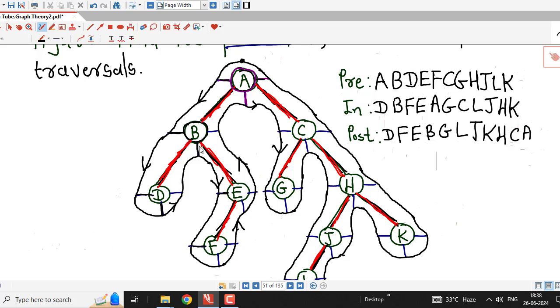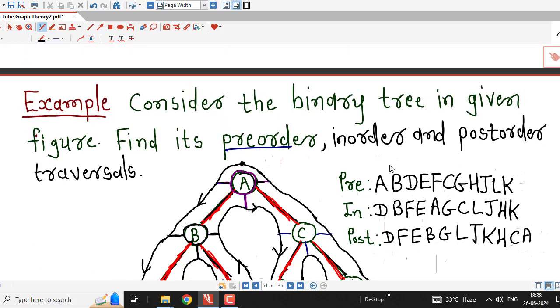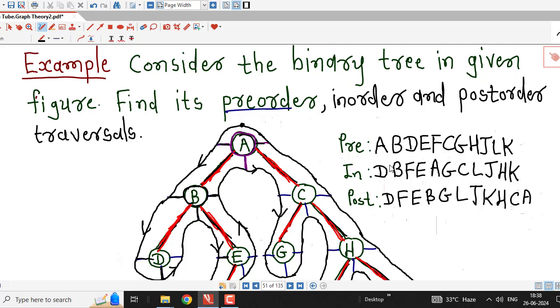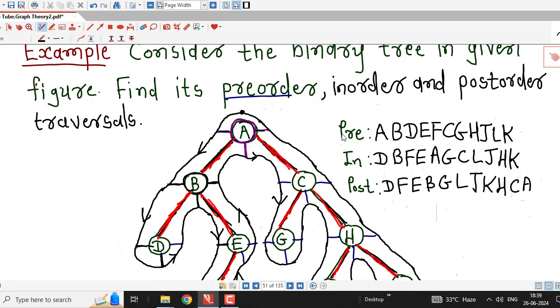Whenever the closed curve touches this line, this vertex is in order, and whenever the closed curve touches this line, this vertex is written in post order. So this is another shortcut technique for writing the pre-order, in-order and post-order traversal of a given binary tree.